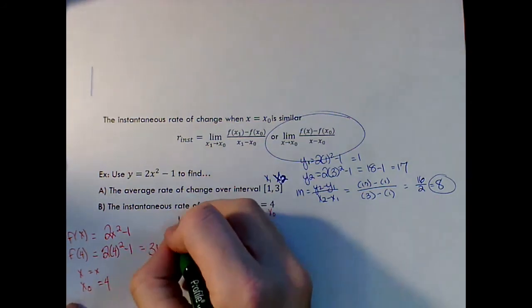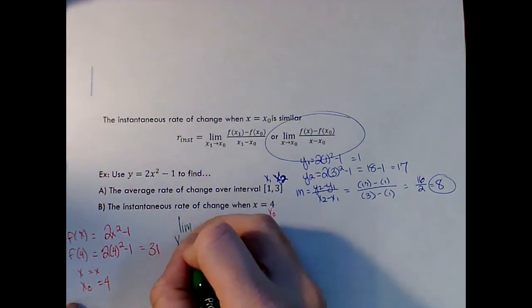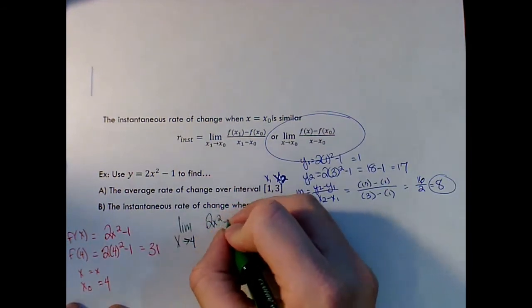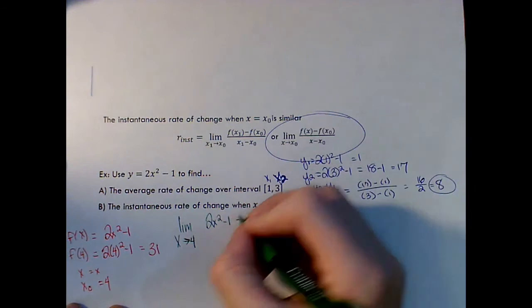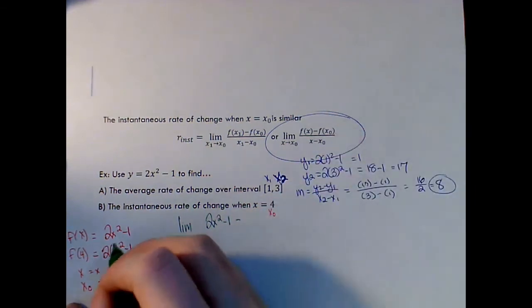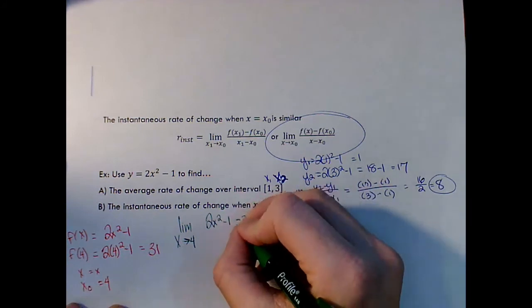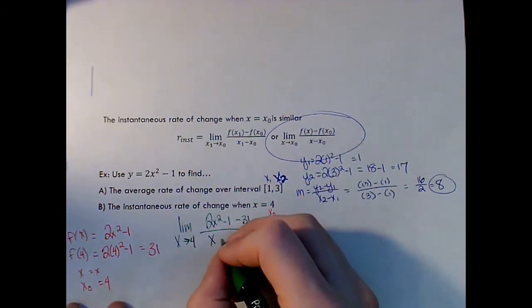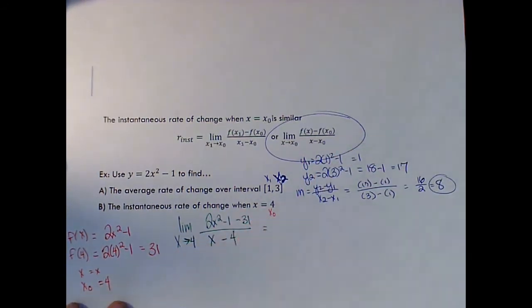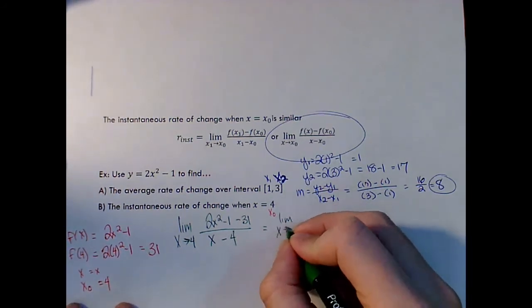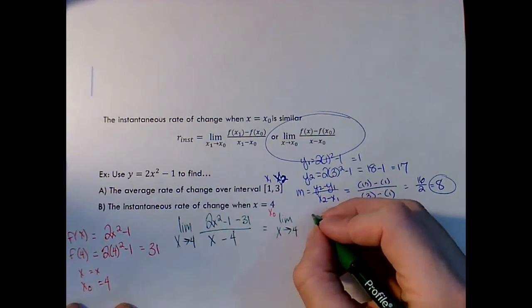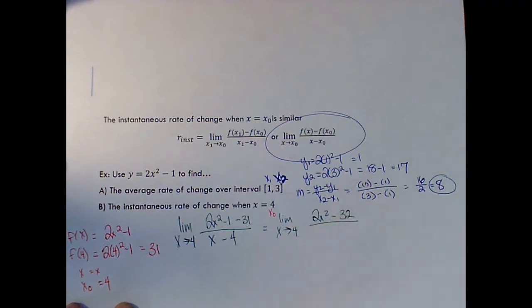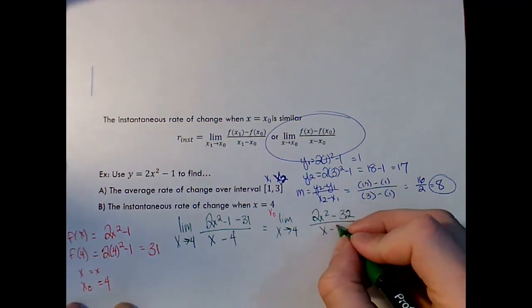The limit as x approaches 4 of f of x, which is 2x squared minus 1, minus f of x sub 0, which is 31, over x minus x sub 0, which is 4. 2x squared minus 1 minus 31 is 2x squared minus 32 over x minus 4.